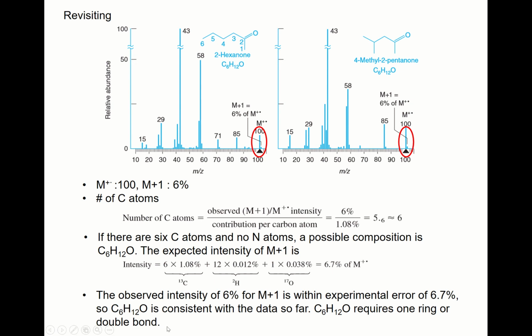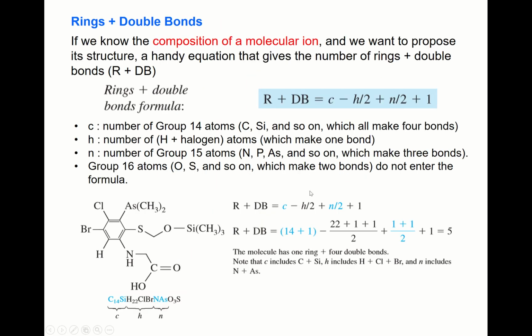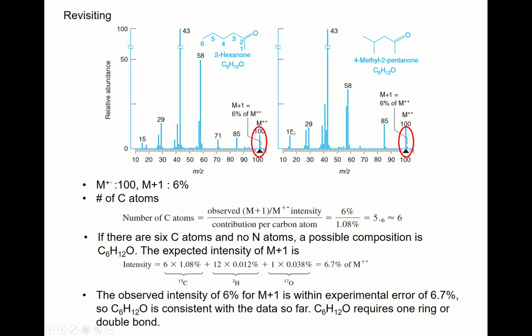Actually, in this structure there is no ring, but only one double bond. If you want, you can apply this formula to calculate the rings plus double bonds, and you will find that the formula gives you only one. Here is the one double bond, not a ring in this case.